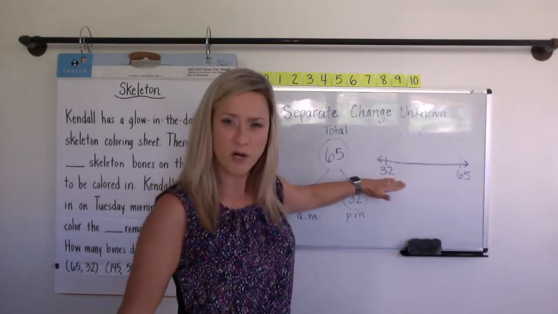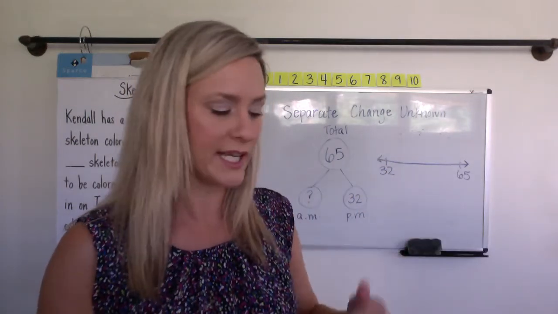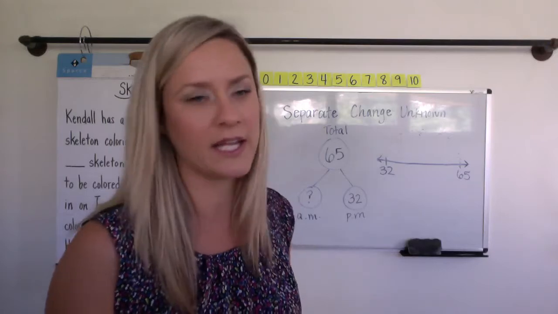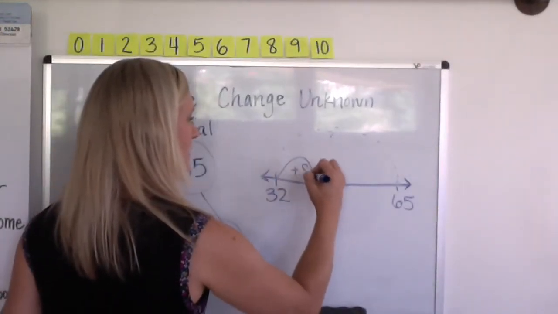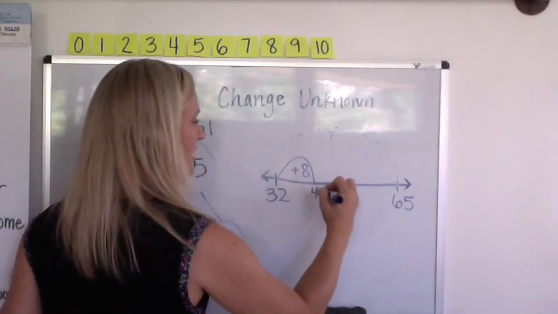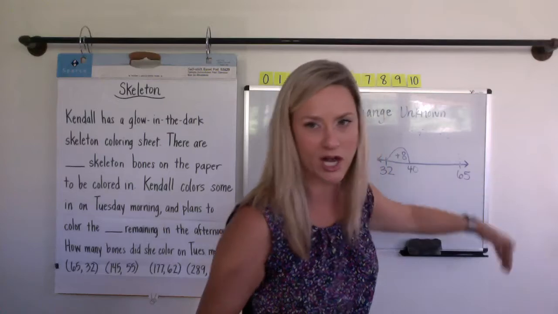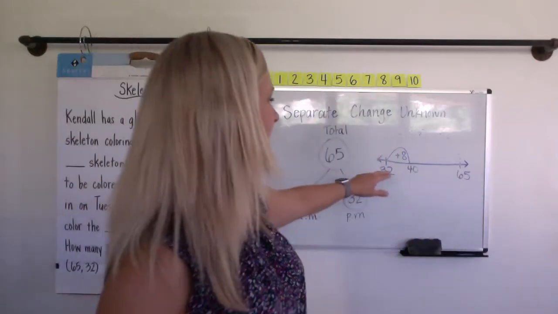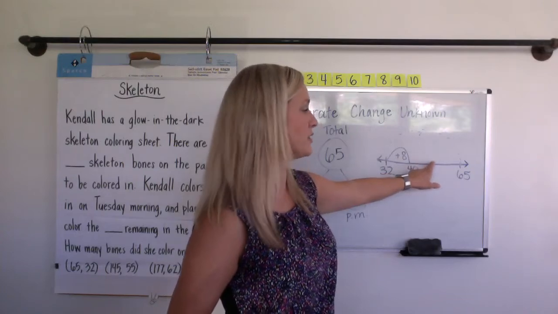So we start really thinking about our hops. So many kids probably know 32 plus 8 will get them to 40. So some of them will say, I could just add 8, and that's going to get me to 40. They're trying to get to a friendly number so that they can take even bigger hops, right? So I'm going to guess there will be some kids that will say, take another hop of 10, you'll be at 50.